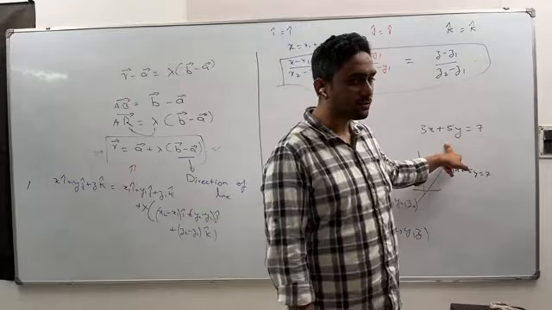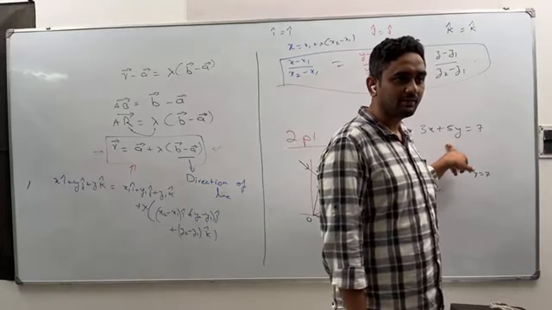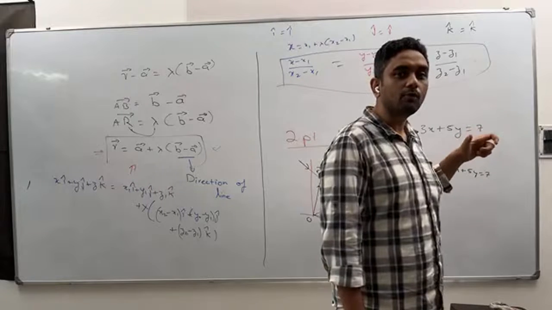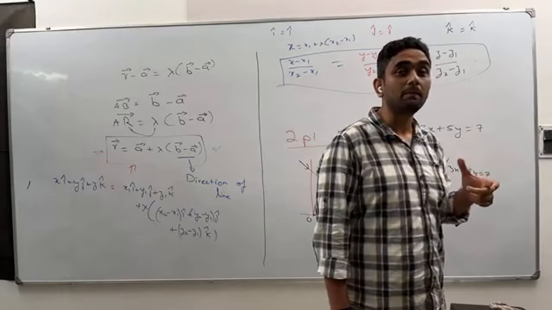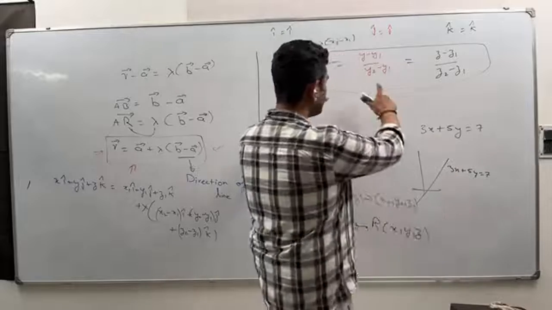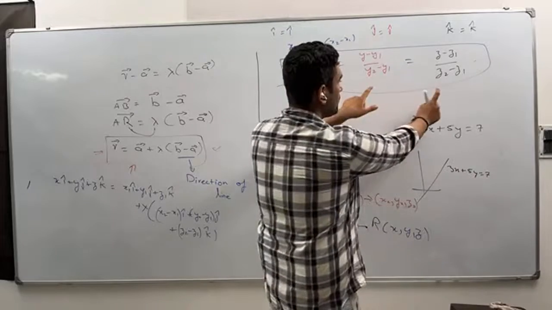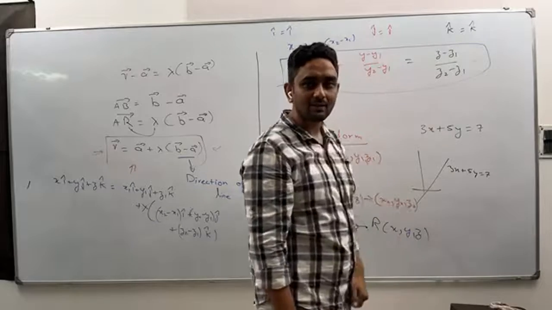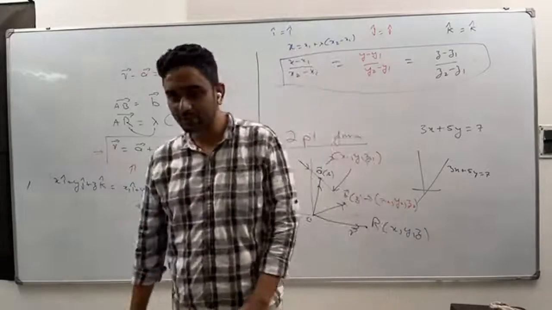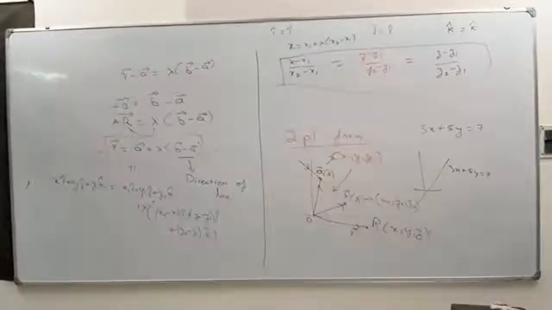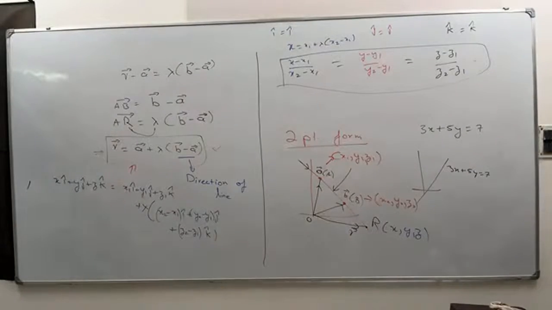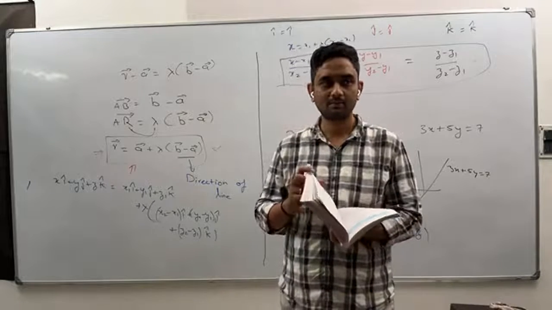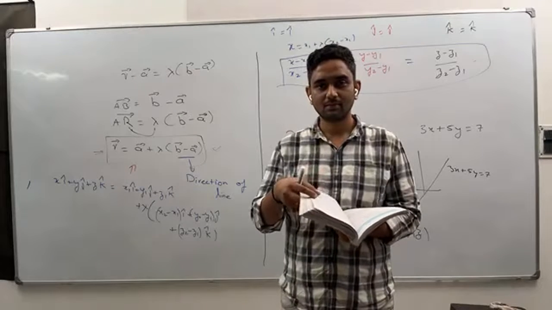What was a linear combination coming out to be in 3D? Plane. So when you equate only any one of them, that will be a plane. If you equate these two, you'll get a plane. So why is this the equation of a line? Think about this.